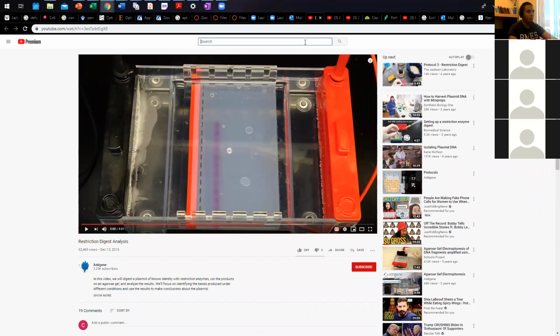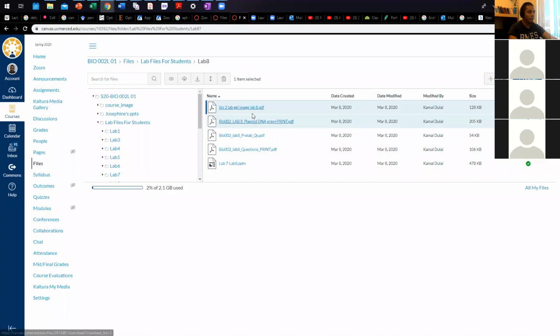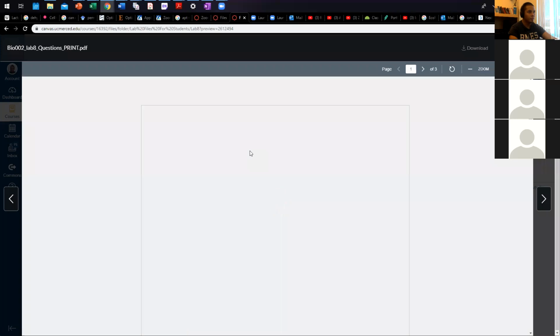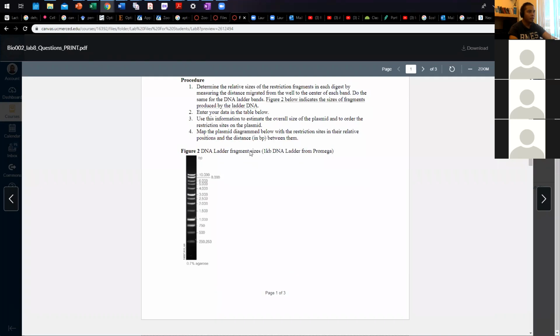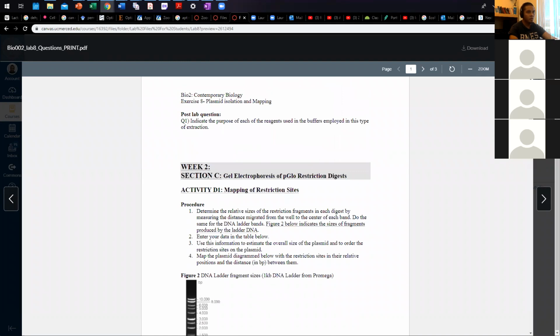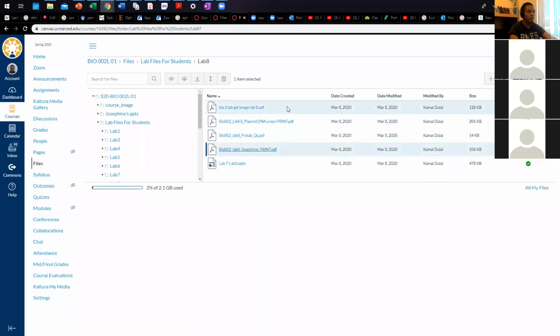I'll walk through the questions. So, okay, I'm still sharing my screen. The sample data, or the sample gel image that we would be using for this lab, is found in the same folder, your lab 8 folder.